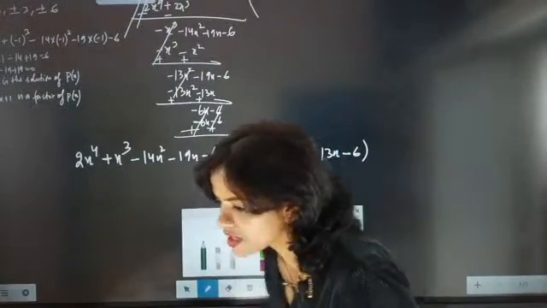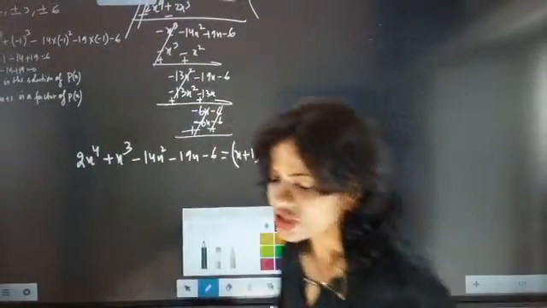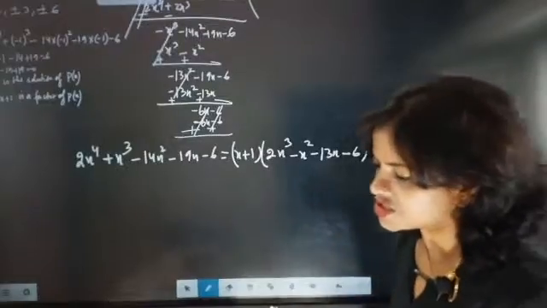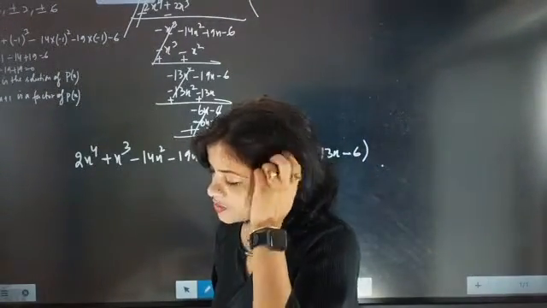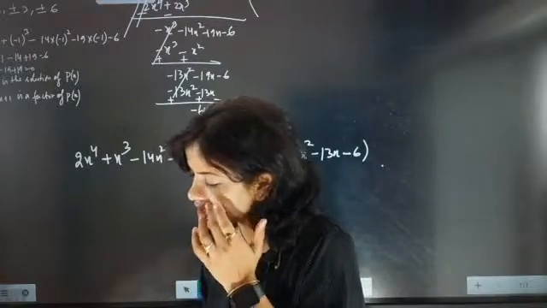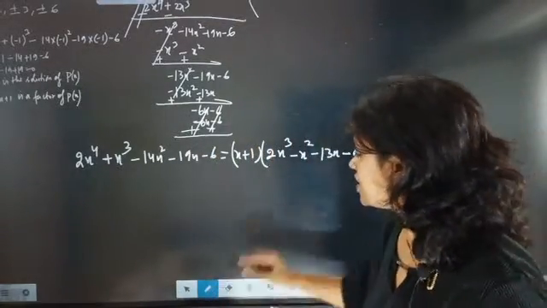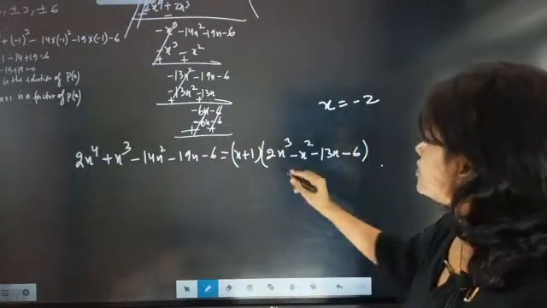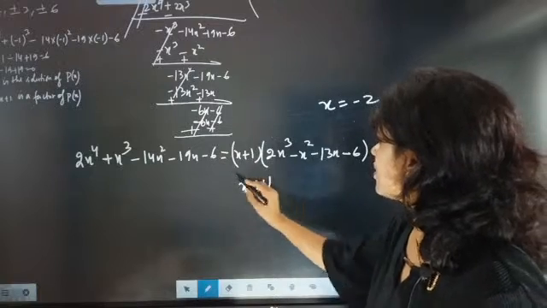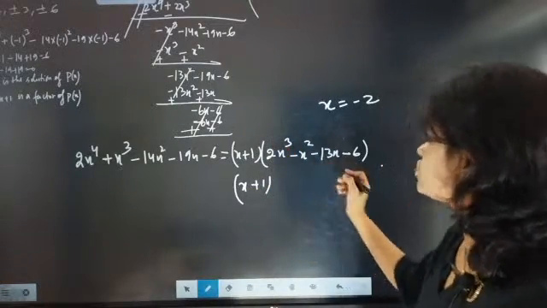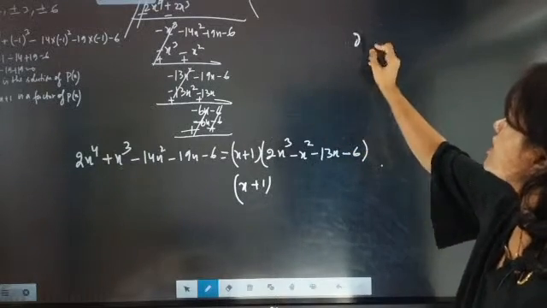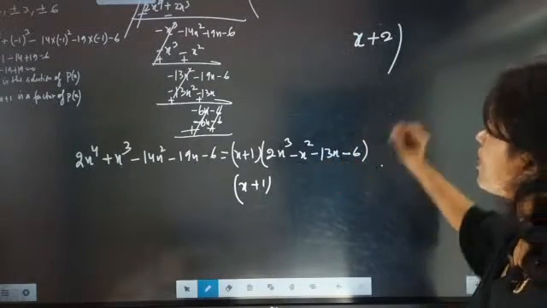Substitute x equal to minus 2 here. The moment you substitute x equal to minus 2, it will become 0. So minus 2 is one of the roots, and x plus 2 will become a factor of it.